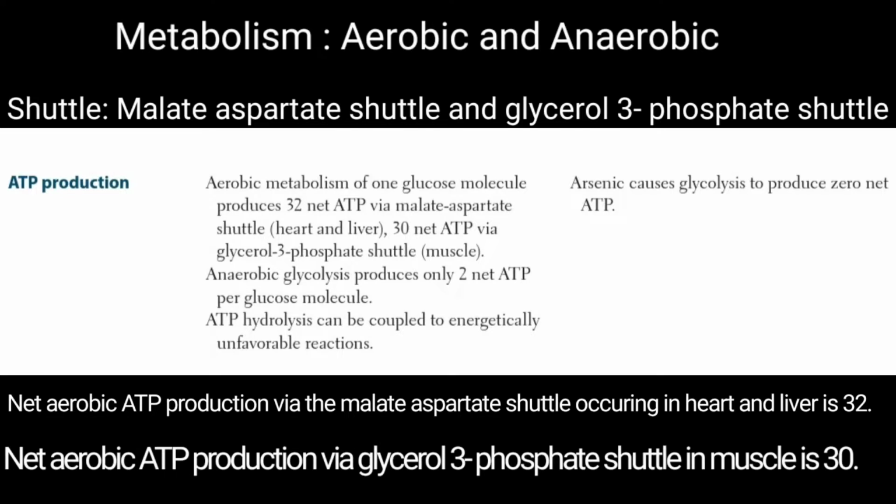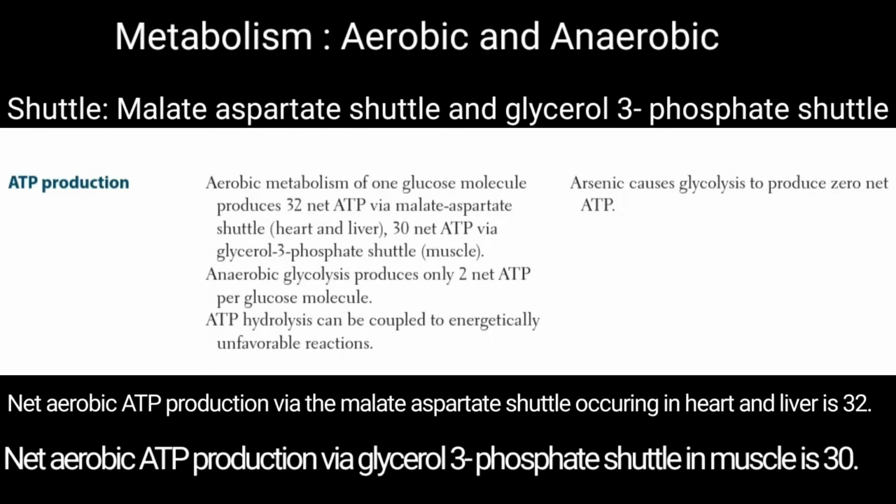I want you to understand that the aerobic metabolism of one glucose molecule produces 32 net ATP via the malate aspartate shuttle, which occurs specifically in the heart and liver. So whenever I say in future lectures that glycolysis is occurring in aerobic condition in the heart and liver, you should automatically understand that 32 net ATP is produced from one glucose molecule.